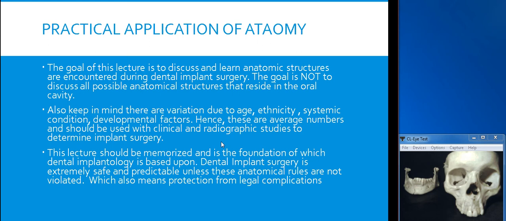Or if you violate the inferior alveolar nerve bundle, the patient could have hypoesthesia or numbness on the lip and chin, and that could affect their lifestyle for the rest of their life. But if you have a scope of anatomy, you should never, ever make those mistakes. So having these three baselines set up, let's start.